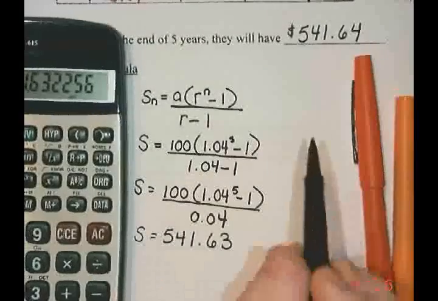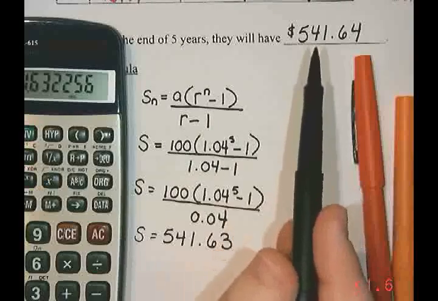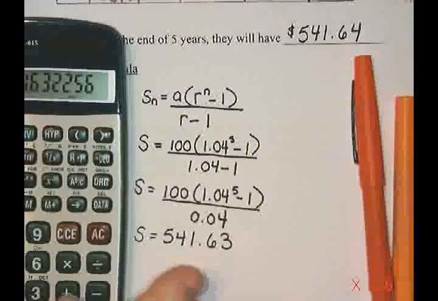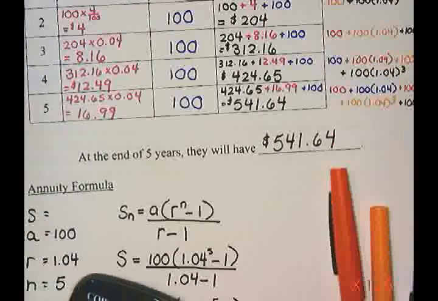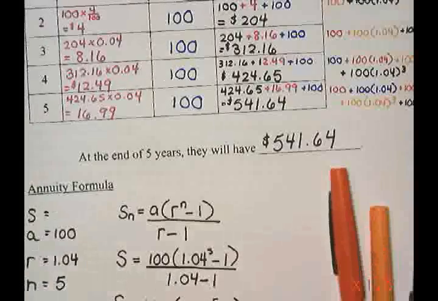Now that's pretty close. Here we had $541.64, and here we have $541.63. And the reason it didn't come out perfectly is that we did some rounding up here, and that's why it didn't work out to be exact.